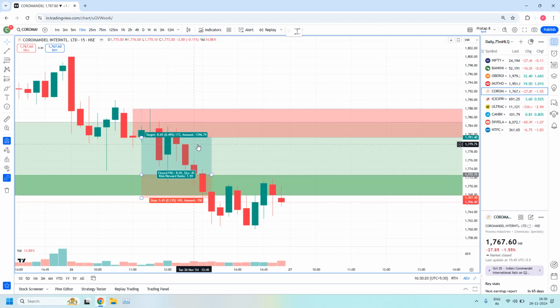See, you are getting 1:1.59. Sometimes, for managing the risk, you do an adjustment. You reduce this entry until you get 1:3 RR. In case you would have planned like this, yeah, 1:3. See, slightly before this, you missed the trade.